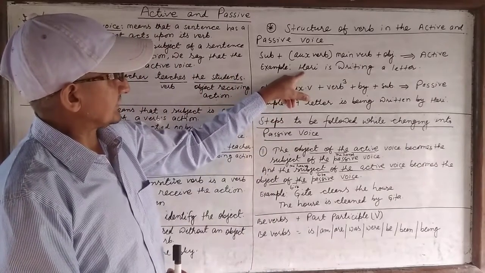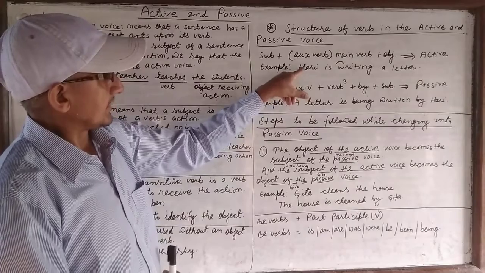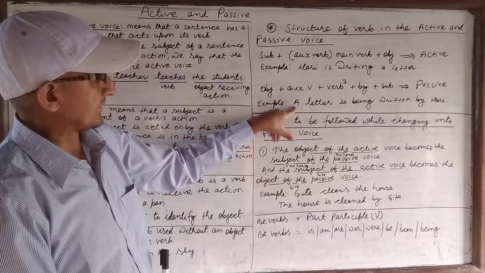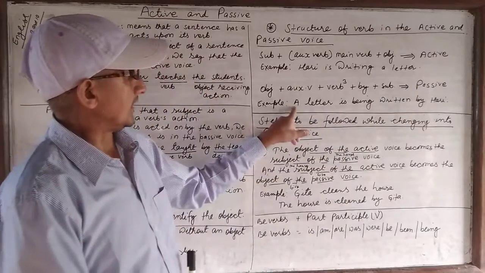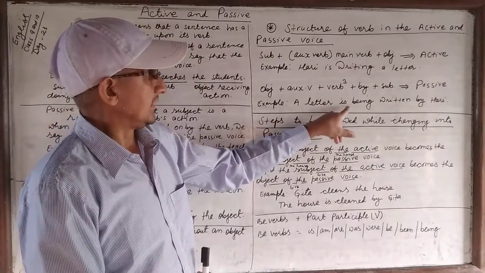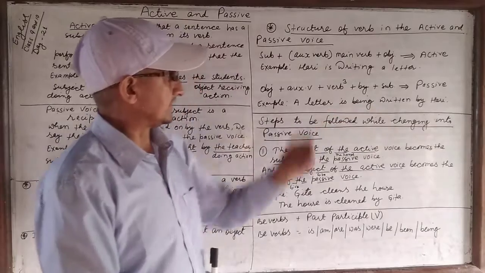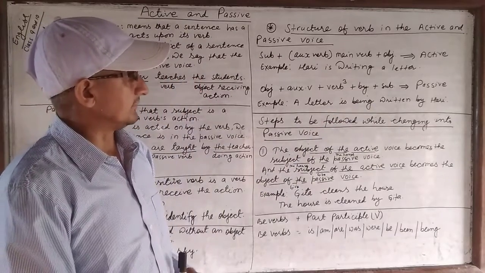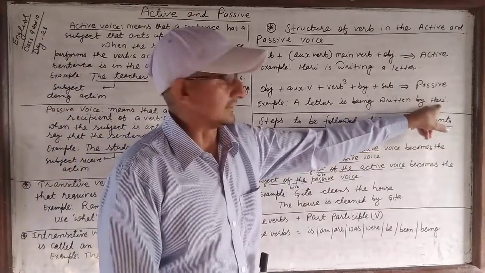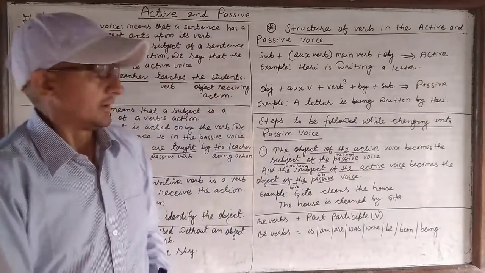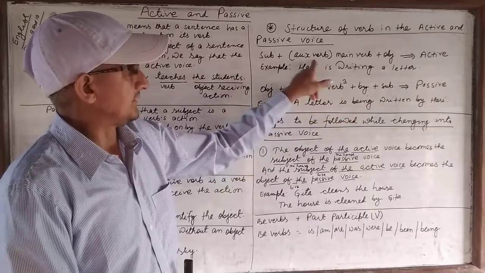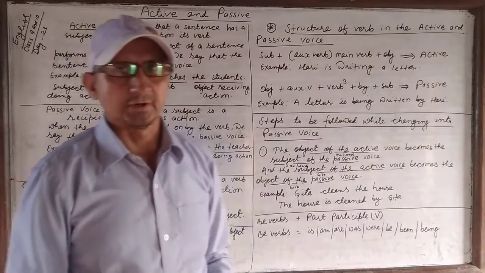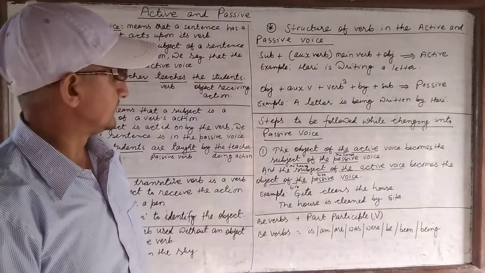Let's change this sentence into passive. A letter is being written by Hari. A letter is the subject here, is being written is the verb in passive, by Hari is the agent. In this way, this is the structure of passive voice and this is the structure of active voice.